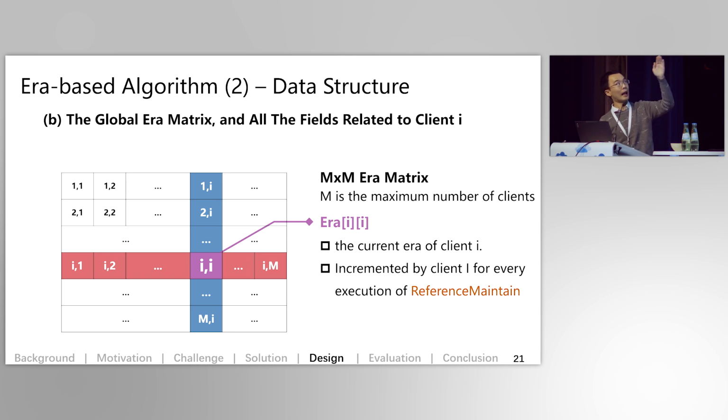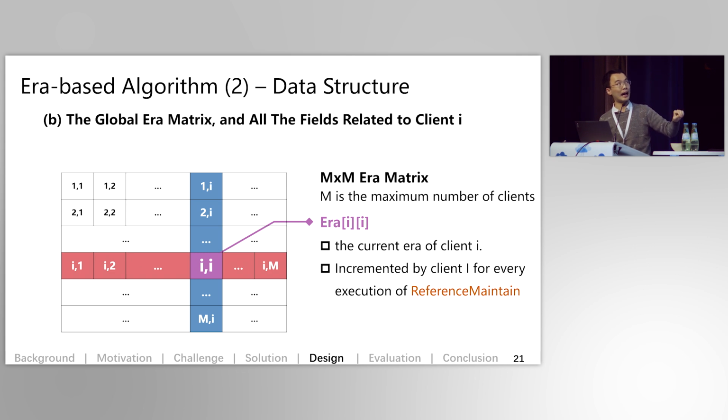We maintain an M by M error matrix, where M is the maximum number of clients. As you can see in this figure, for every client i, it will maintain the error ii, which is incremented by 1 for every execution of the reference maintenance function.